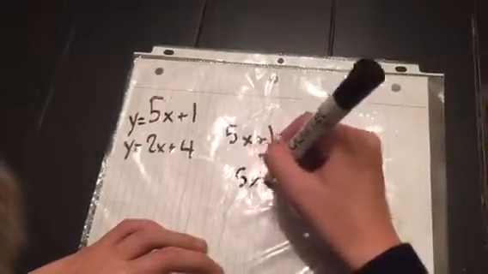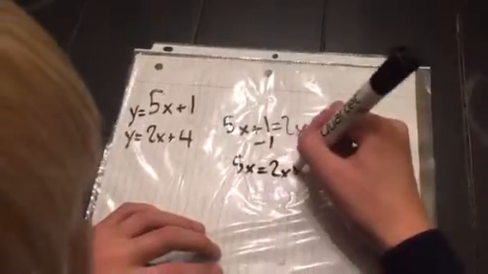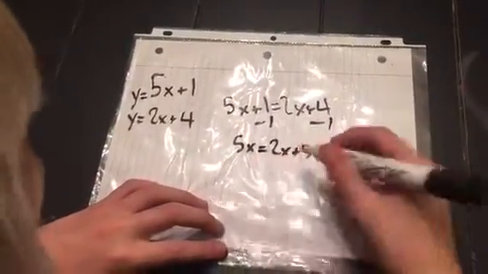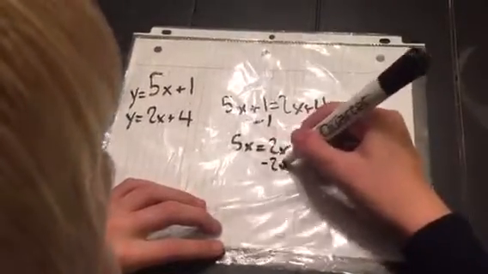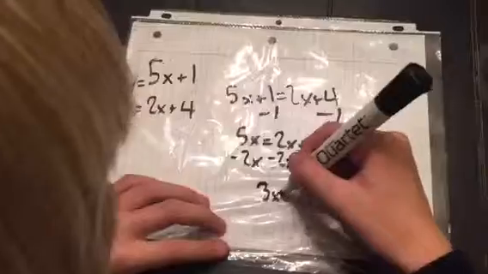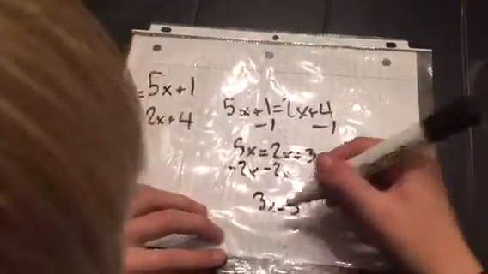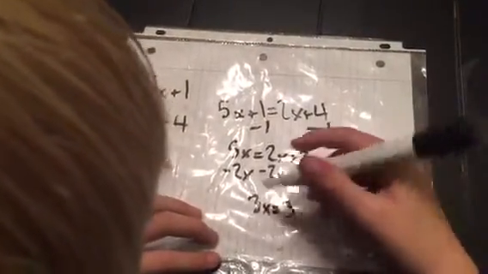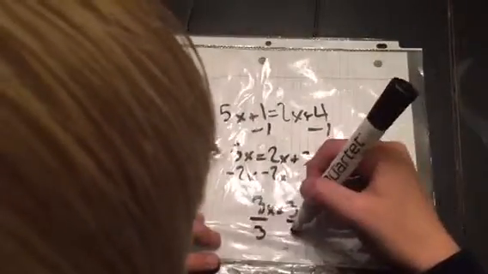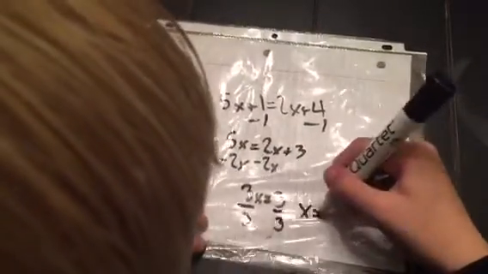So we have 5x equals 2x plus 3. Now we have x on each side, so we want to get rid of that. So minus 2x, and we're left with 3x equals 3. So we're going to divide by 3 on both sides, so we can get x by itself. And we have x equals 1.